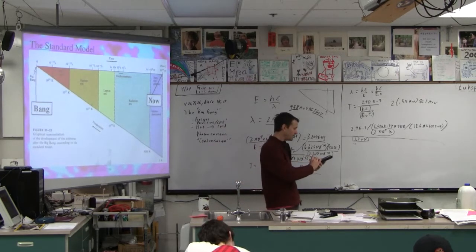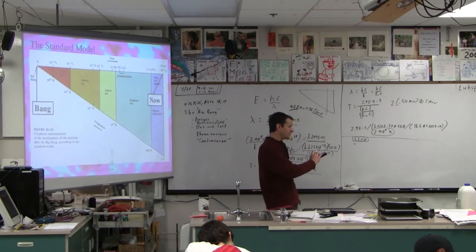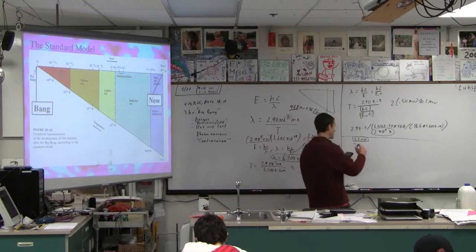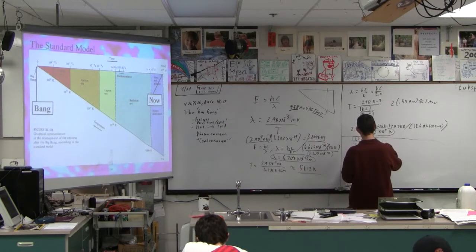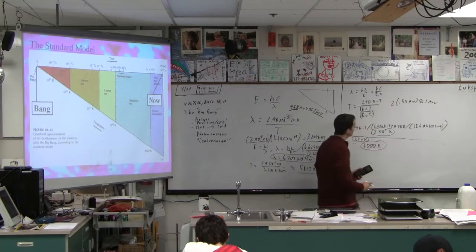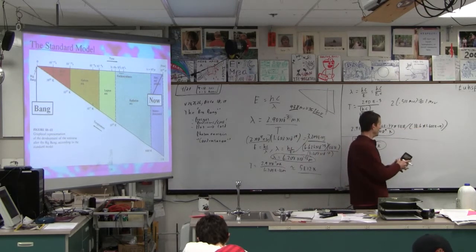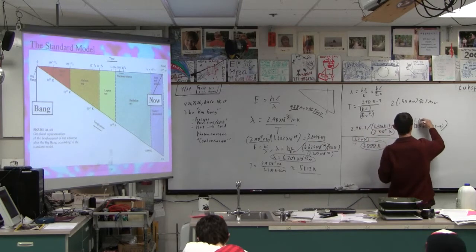I'm going to go second entry, and I'm going to go back and change 1e6 to 1.3. And I just got about 3,000 kelvins. I typed this in, only it's now 1.3 literally, right? Electron volts.